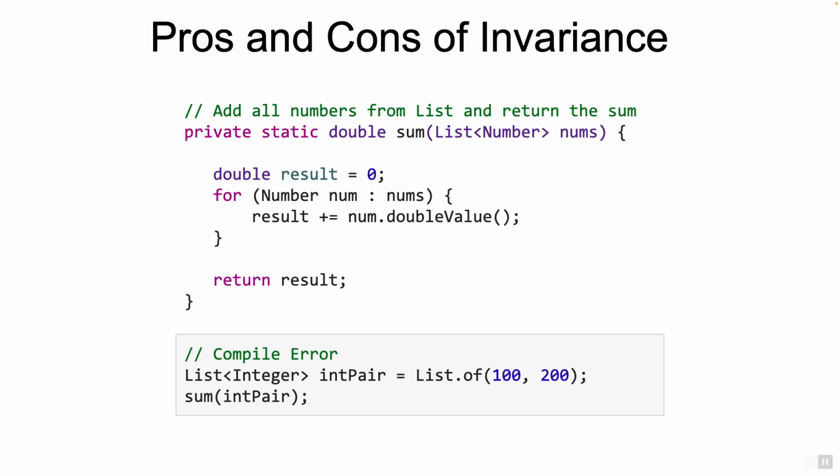Now let's take a closer look at generic type invariance. The main benefit that we saw for arrays do not extend to generic types like List<E>, because generic types are not covariant but invariant. However, the advantage of being invariant is that most problems are caught at compile time.